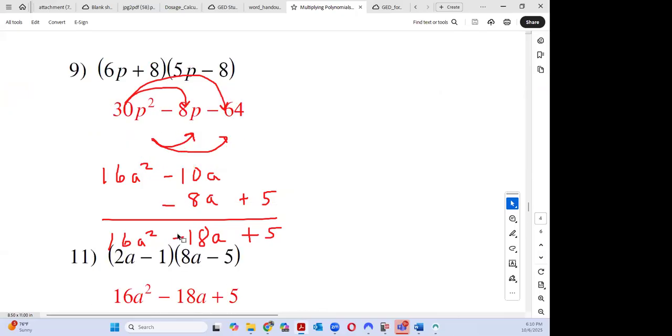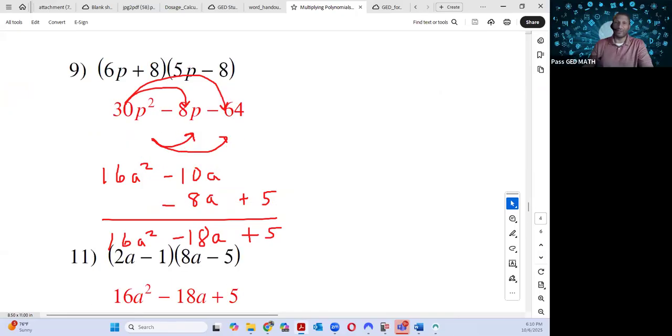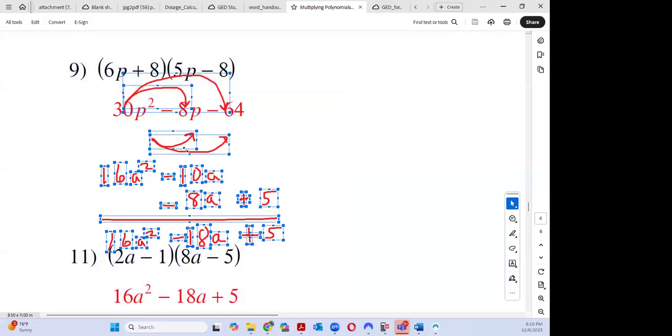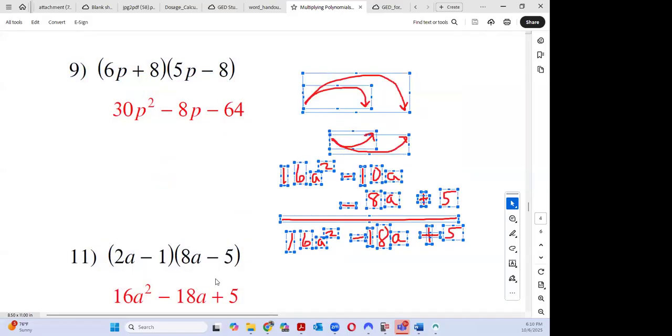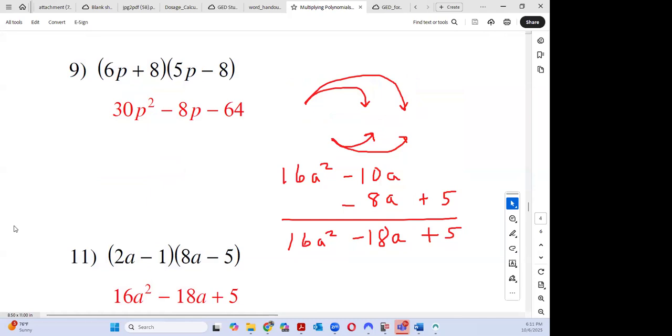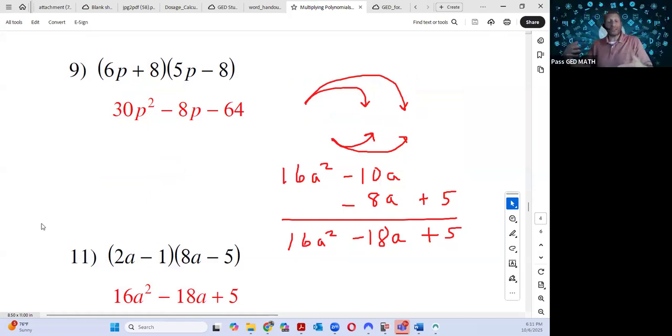I didn't write my number. It was number 11. You got 16a squared minus 18a plus 5. Okay, I don't know where I got 18 from, but again, this is why I send the answers to you so you can check your work.